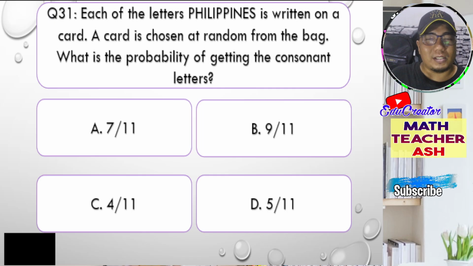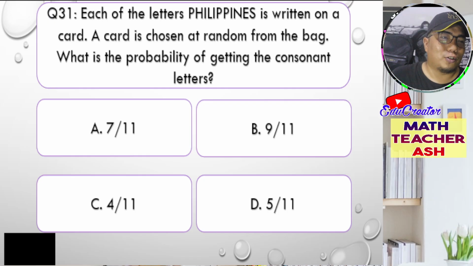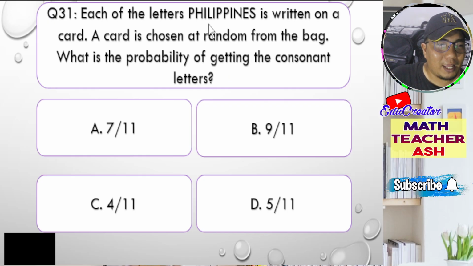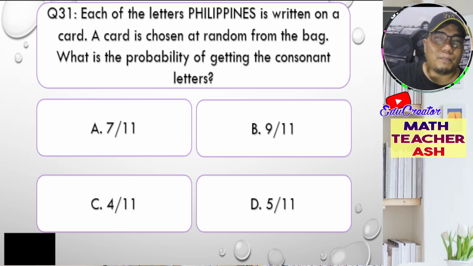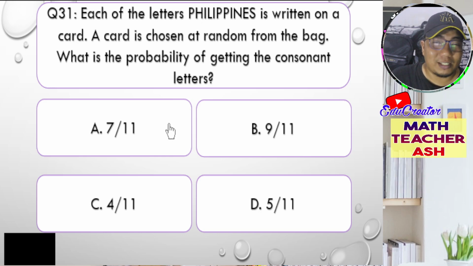The vowels in the alphabet are A, E, I, O, and U, while the consonants are the exceptions, the B, C, and so on and so forth. So we will just eliminate the vowels here. We have 1, 2, 3, and 4. So 4 will be subtracted from 11, and that will be the number of consonants we have. 11 minus 4 is 7. Therefore, the correct answer is 7 out of 11, or 7 over 11.